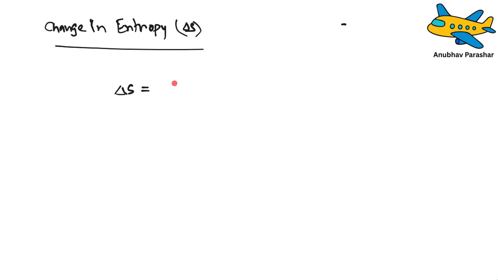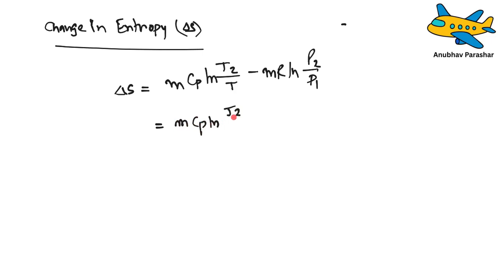Change in entropy, delta S, can be written as m Cp ln T2 by T1 minus m R ln P2 by P1, or it can be written as m Cp ln T2 by T1 plus m R ln V2 by V1.